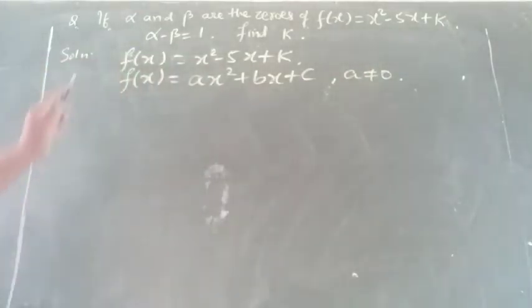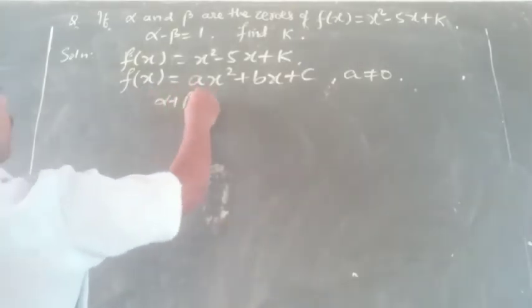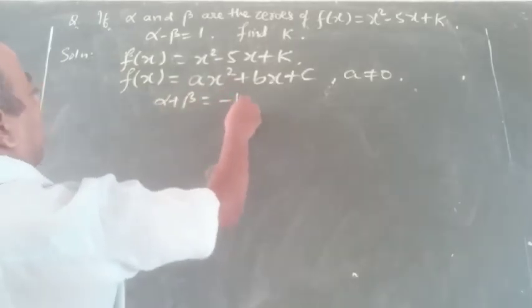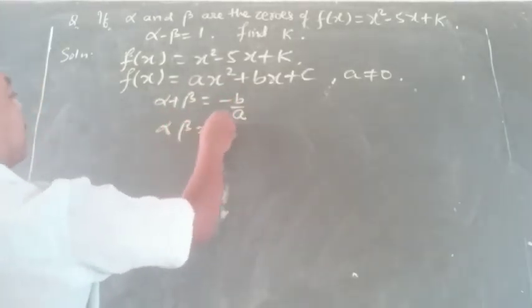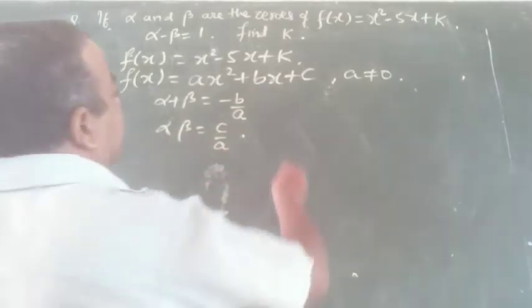So if alpha and beta are roots of this polynomial, then alpha plus beta equal to minus b by a, and alpha into beta equal to c by a. Clear? So what is the value of alpha plus beta?